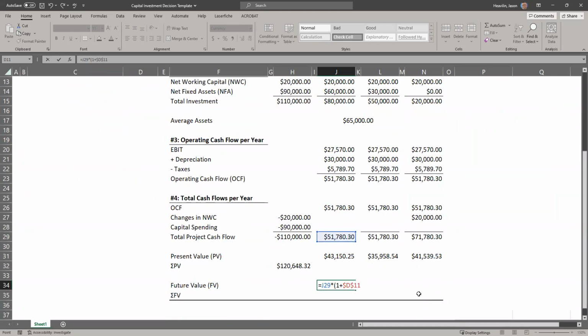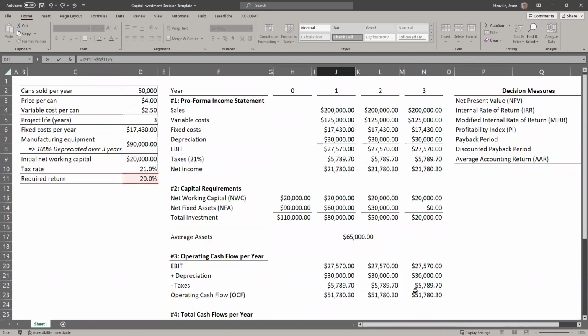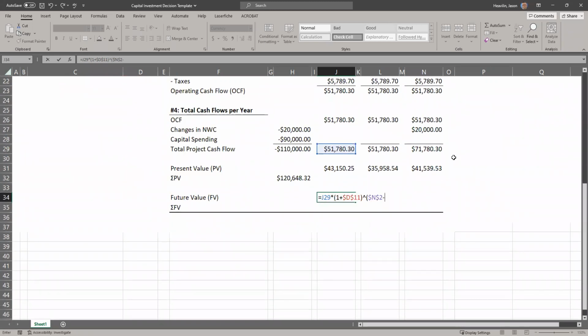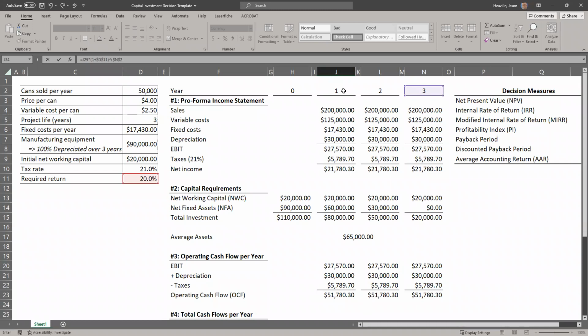I'm going to lock that one in so I can copy and paste later. And that's going to be to an exponent representing the periods in the future. Now, we're going to grab, in this case, that's where we want to go in the future, year 3. Going to lock that one in, minus the year I'm in.